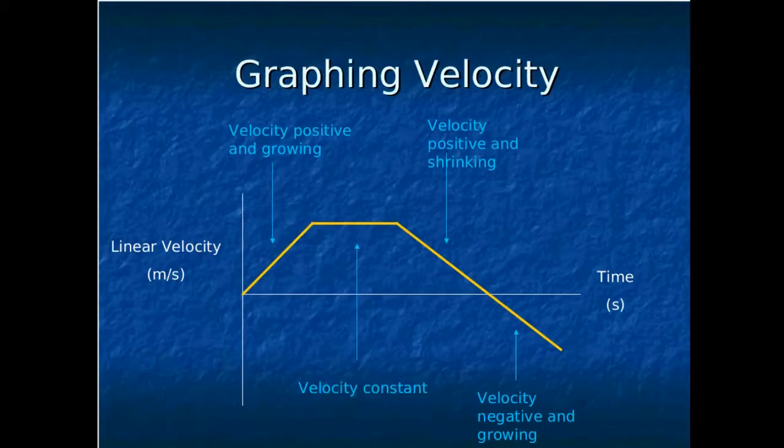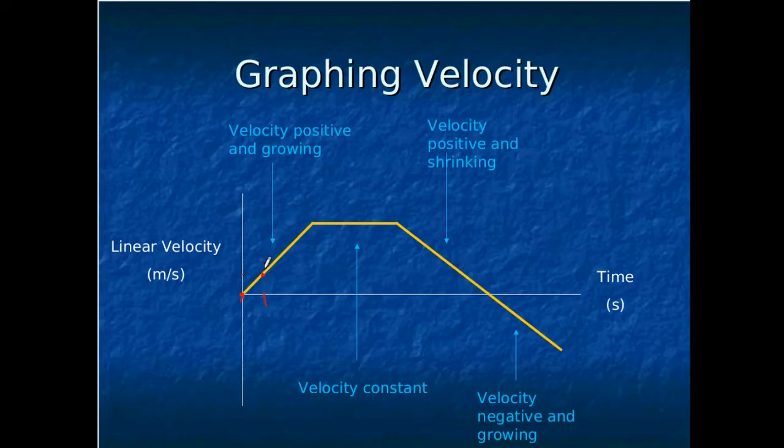So just like we graphed position and displacement in the other video, in this one we're going to talk about graphing velocity. This graph is showing time on the horizontal axis, so time is moving forward, and linear velocity, instantaneous velocity, on the vertical axis. So this graph is answering the question, at every moment in time, what is the velocity? So the object starts out with a velocity of 0, and let's say a second later is going a different velocity.